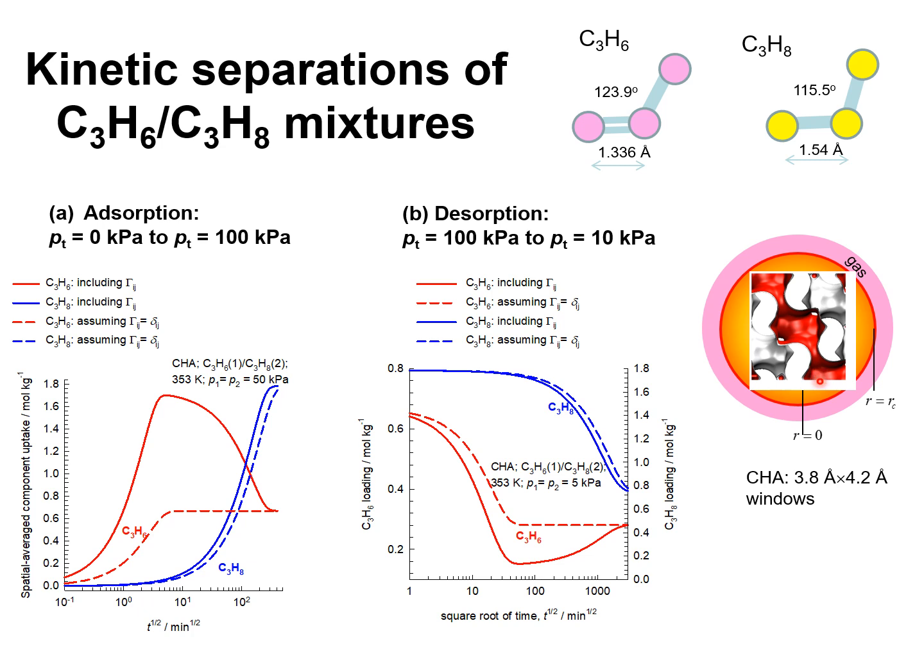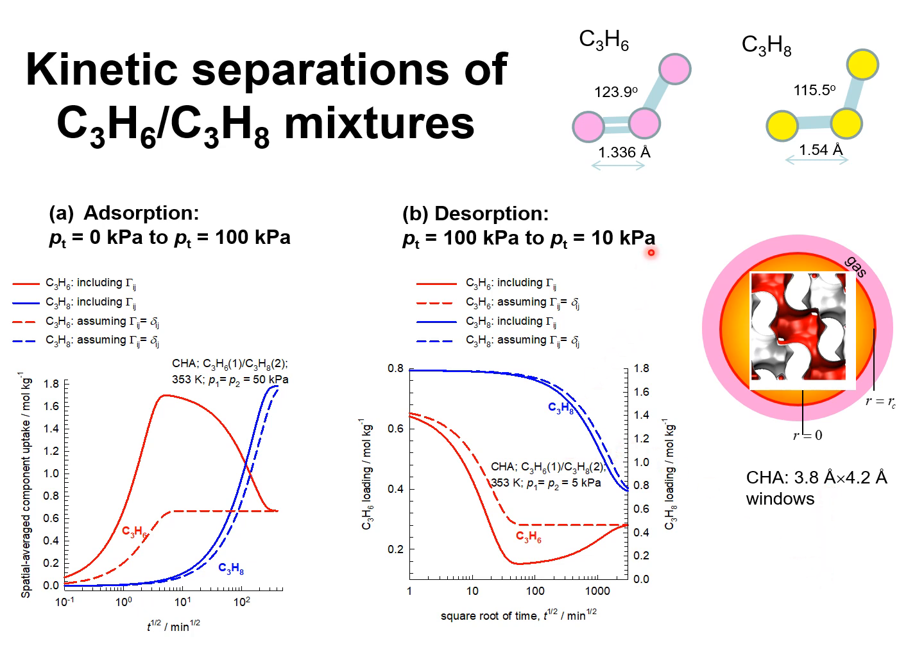The fourth example we consider is the kinetic separation of mixtures of propene and propane using Chabazite zeolite that has cages separated by 8-ring windows with apertures 3.8 angstrom in one direction, 4.2 angstrom in a different direction. The minimum aperture is 3.8 angstrom.